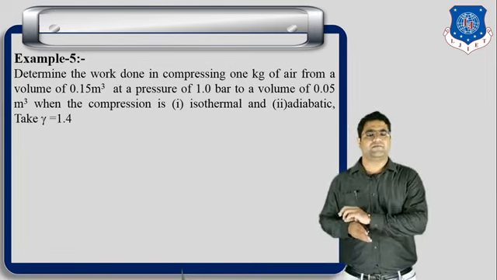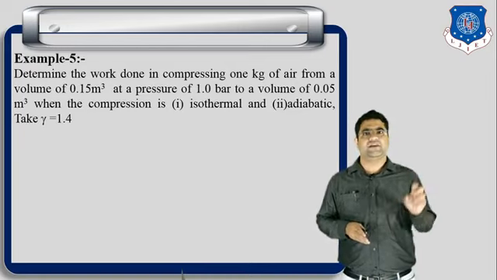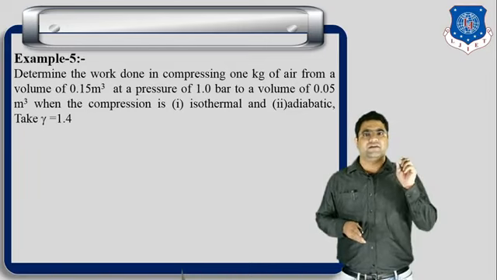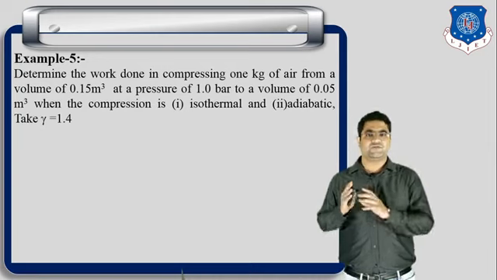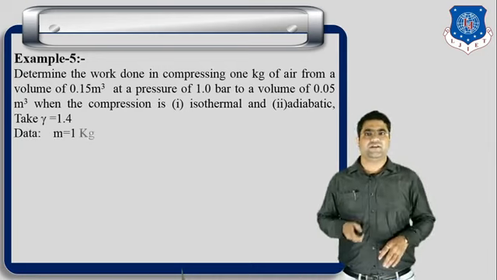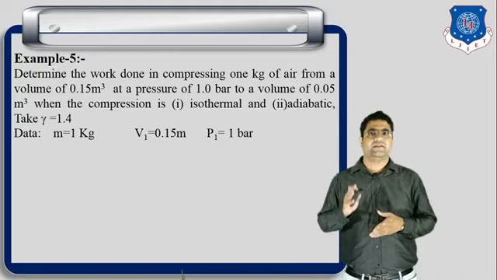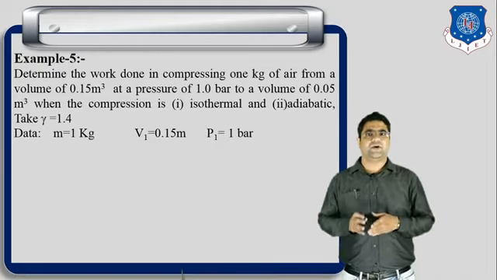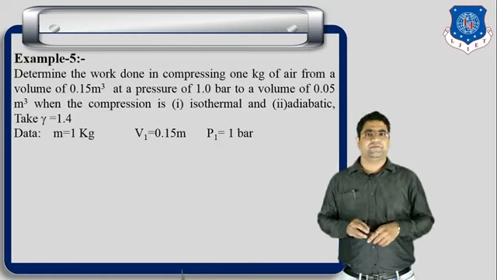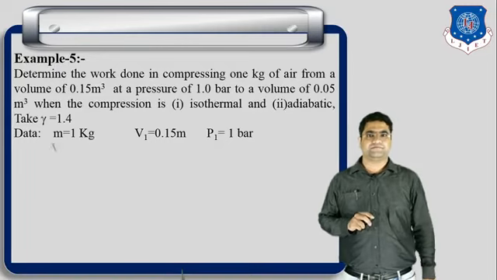So for the isothermal process and for the adiabatic process we have to find the work done in compressing the gas. What they have given: the mass is 1 kilogram, the initial volume is 0.15 meter cube, and P1 is 1 bar.